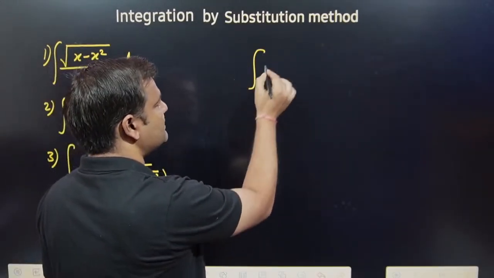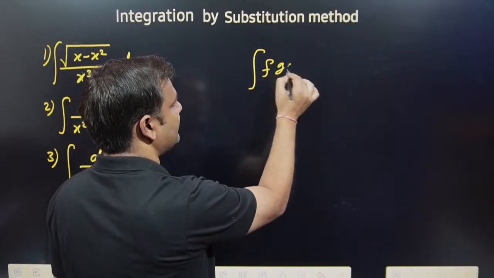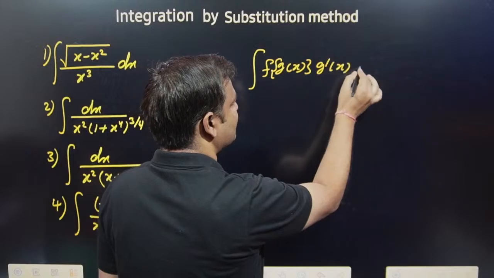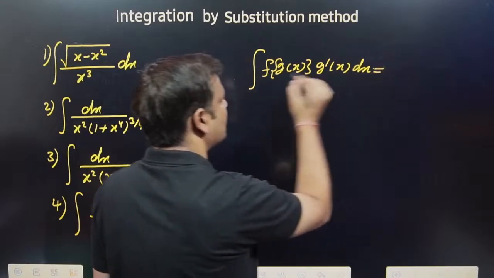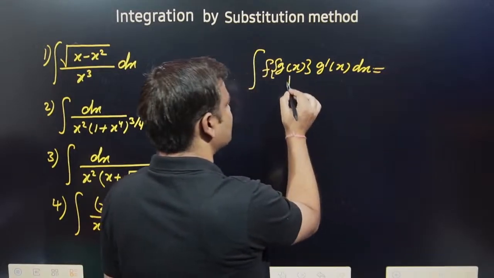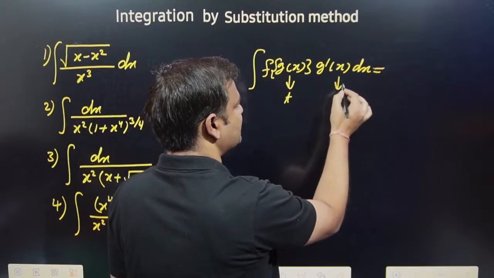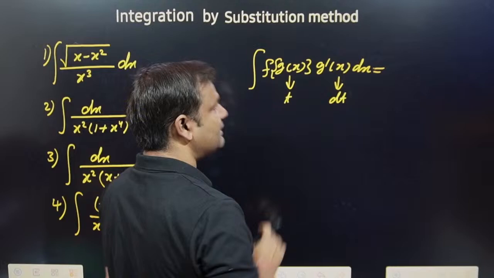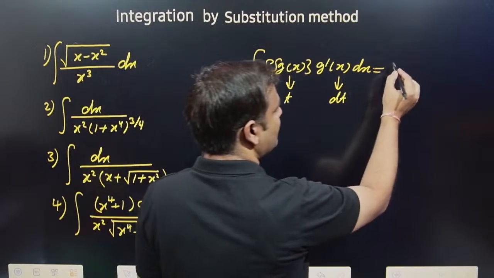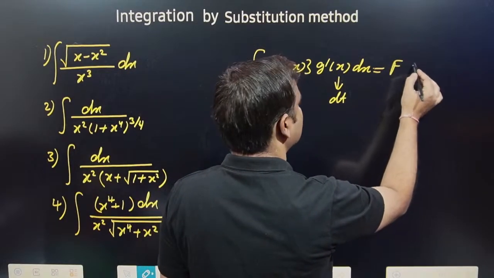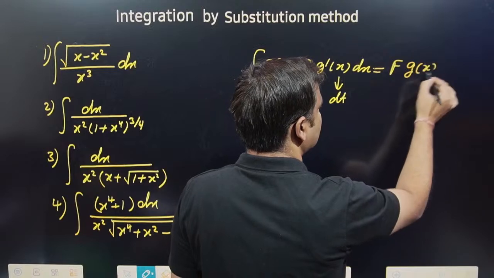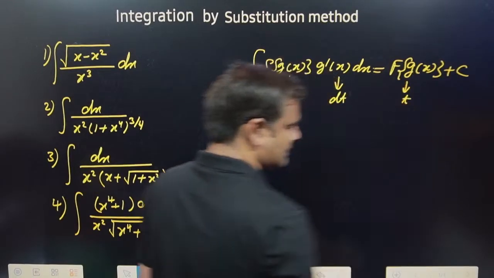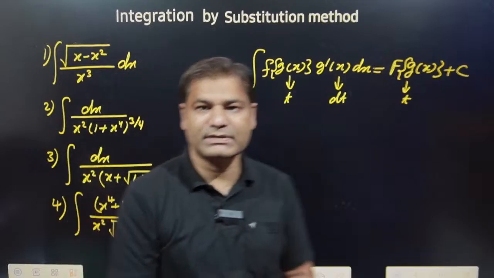Integration of f of g of x and g prime x dx, if available, then this one is replaced by t and that one basically dt. So integration of f of t dt, and what is that value? F of t means here F of g of x plus c. So basically this one is replaced. I hope it is clear. What is the meaning of that?